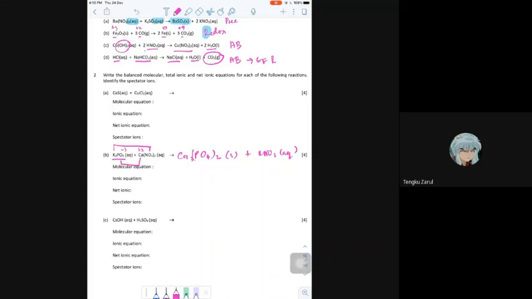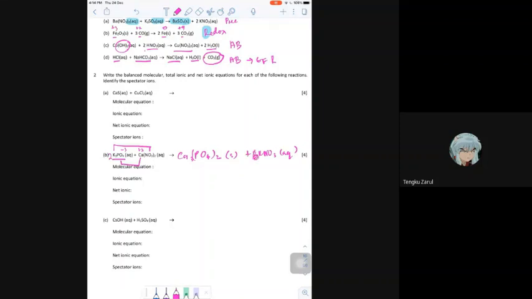And then we have to make sure that they are balanced. We have 3 potassium here. So potassium nitrate will have 3 at the front. Okay, so nitrate, is it balanced? It seems not balanced. KNO3 2. It will be 2 potassium. This one will be 2, right?